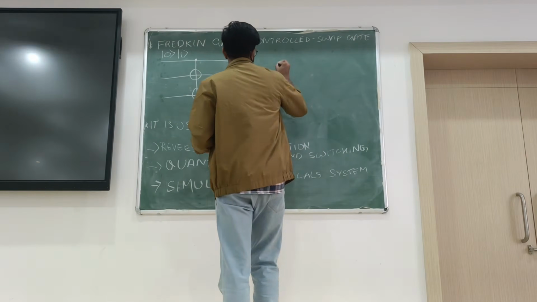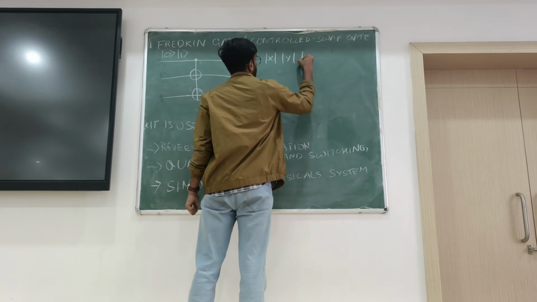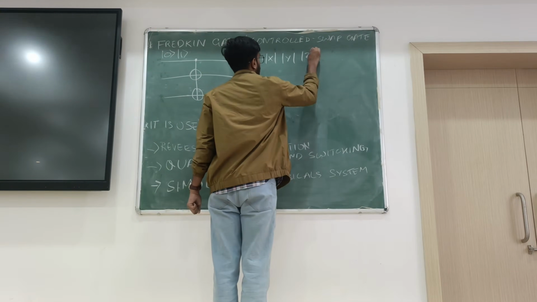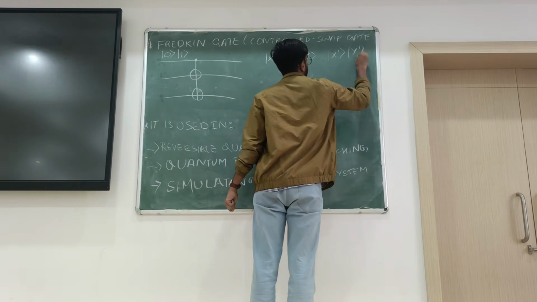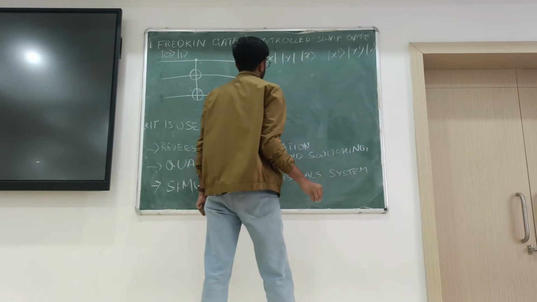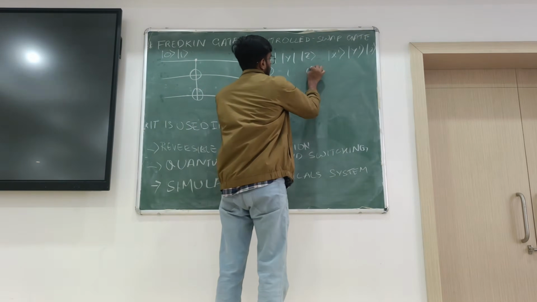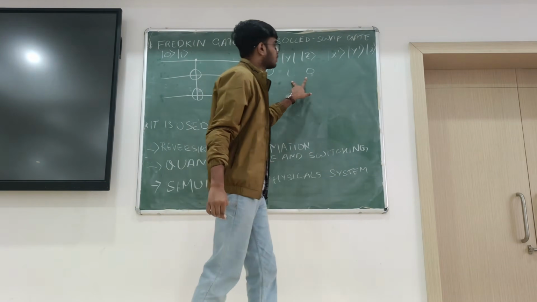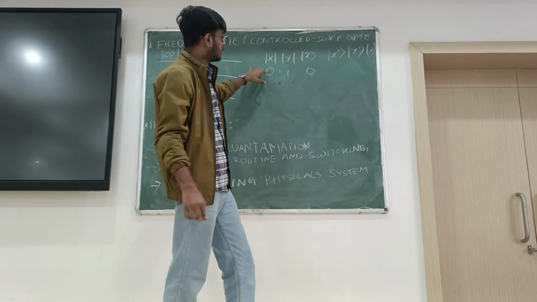Let me give you an example for this. We have X, Y and Z, and the outputs are X dash, Y dash and Z dash. What happens is, if we have 0 as the control input and 1 0 as the target inputs, these two target bits wouldn't be swapped because of having 0 there.